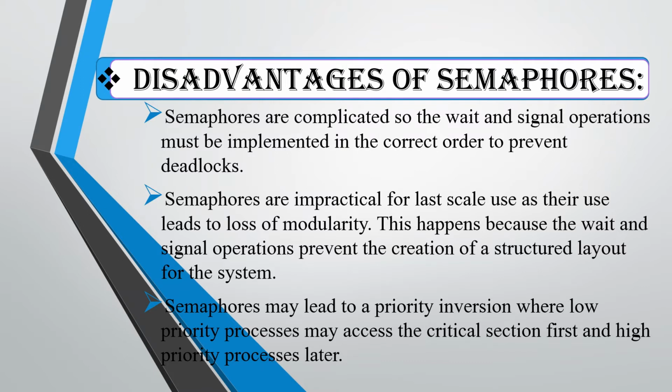Semaphores may also lead to priority inversion, where low priority processes may access the critical section first and high priority processes later. Another disadvantage is that semaphores are impractical for large scale use as their use leads to loss of modularity. This happens because the wait and signal operations prevent the creation of a structured layout for the system.